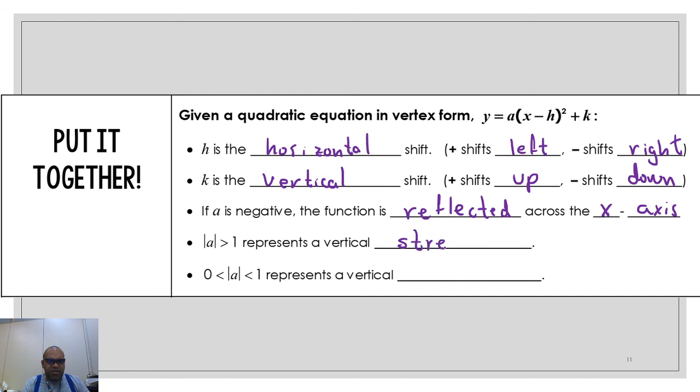What does it mean, mister? We stretch our parent function. We're comparing to our parent function. We have a stretch over here. When 0 is less than A less than 1, we have a compression. Compression. Great. Very good, guys.